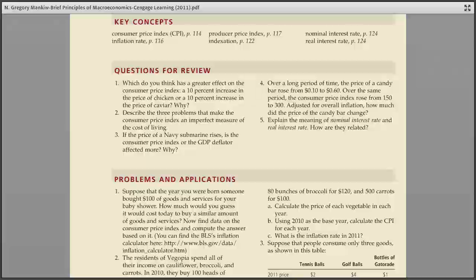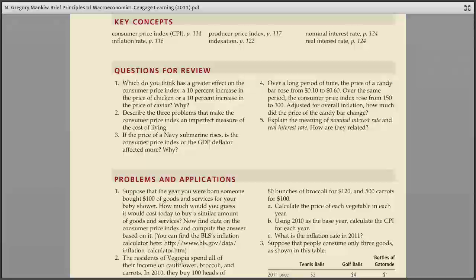Over a long period of time, the price of a candy bar rose from 0.10 to 0.60. Over the same period, the consumer price index rose from 100 to 150. Adjusted for overall inflation, how much did the price of the candy bar change?